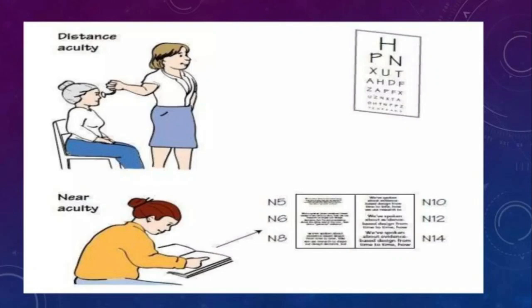A person with normal vision can see at 20 feet, or 6 meters. A person with 20 by 40 vision needs to be 20 feet away from an object to see it as clearly as a person with normal vision would see it at 40 feet away.